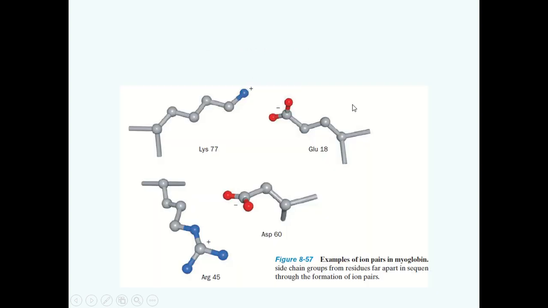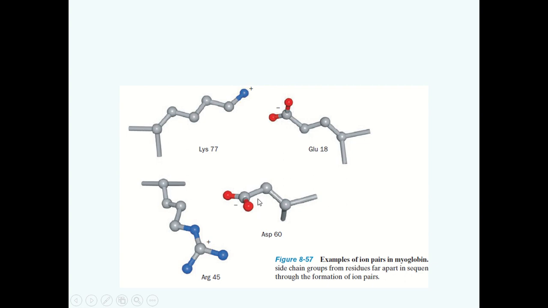The charged amino acids have electrostatic interactions between them. For example, this is a representation of a lysine and a glutamic acid. Glutamate contains a carboxyl and lysine contains an amino group. So the amino group is positively charged and the carboxyl is negatively charged.